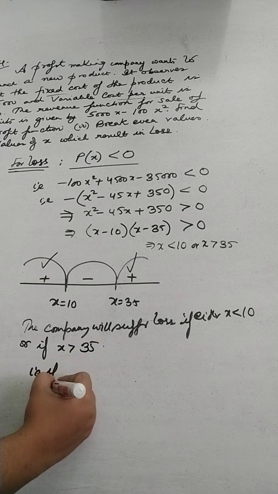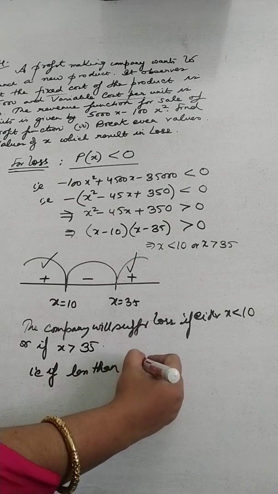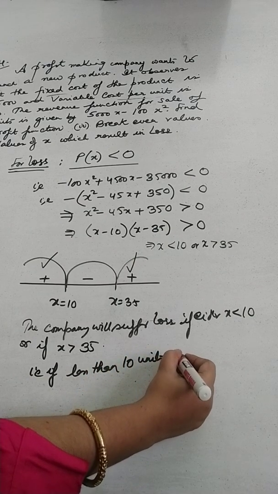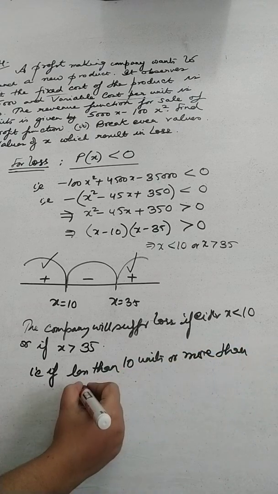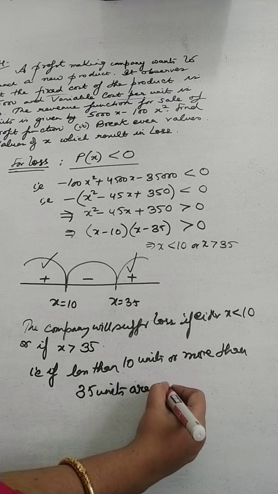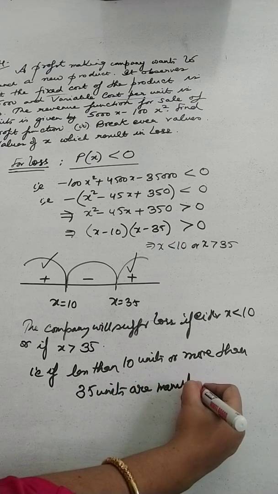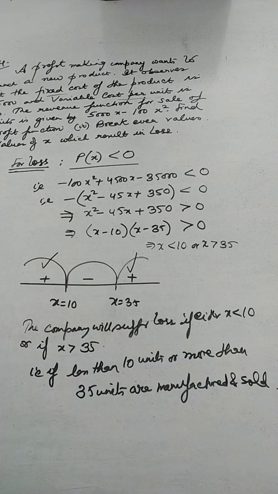That is, if less than 10 units or more than 35 units are manufactured and sold, then the company is likely to suffer a loss.